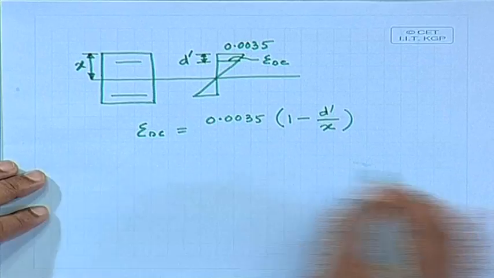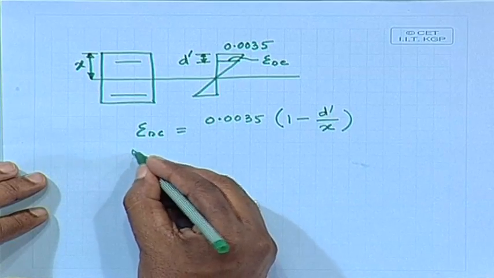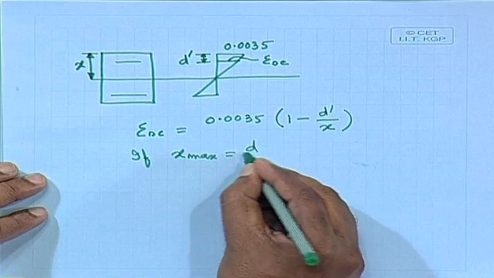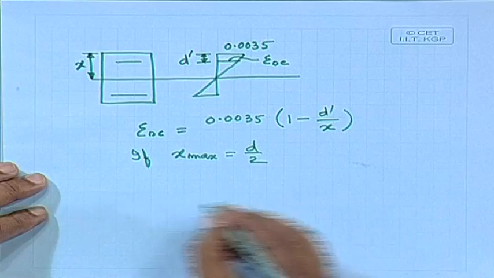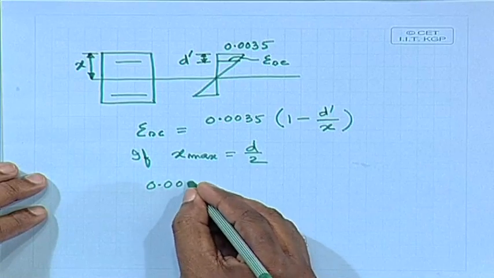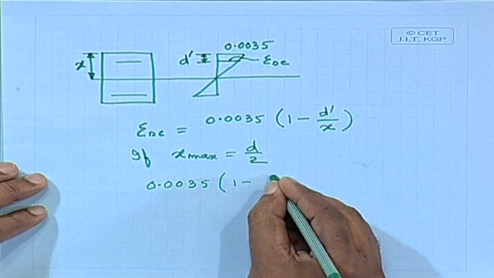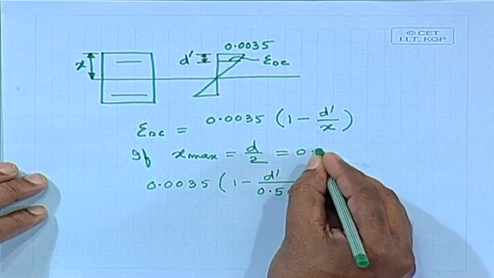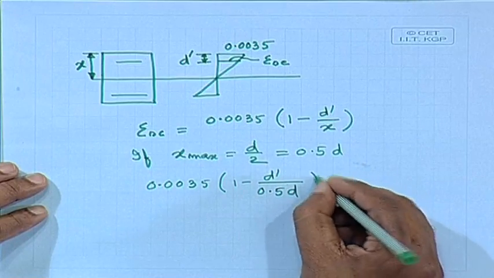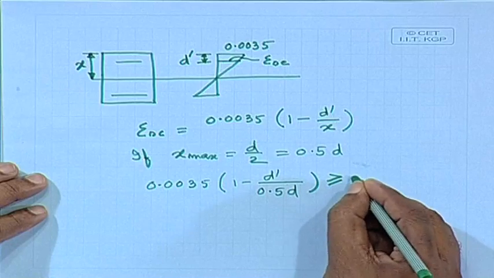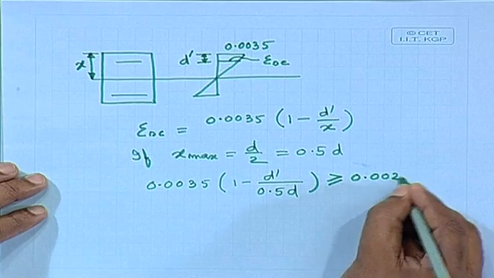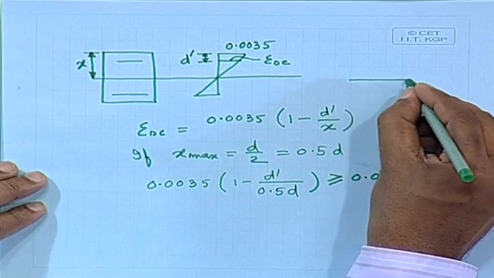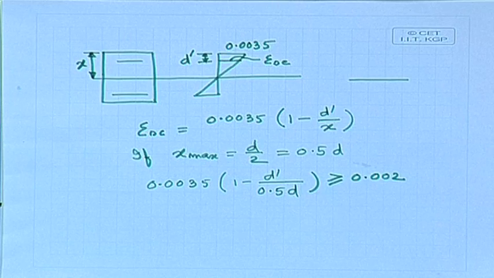If we assume x maximum could be, say, d by 2, we can write down d dash by 0.5 d. Let us draw the stress strain curve, or I think I can show it here.